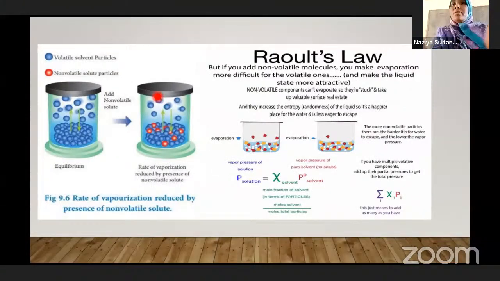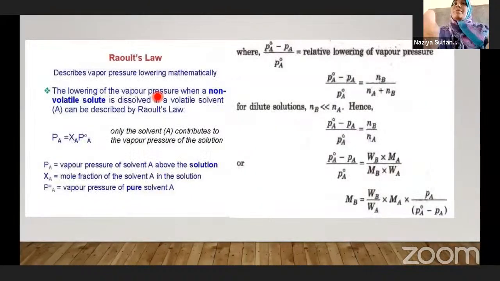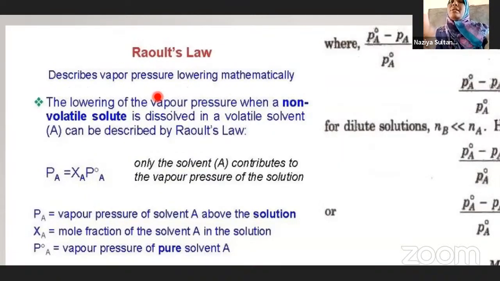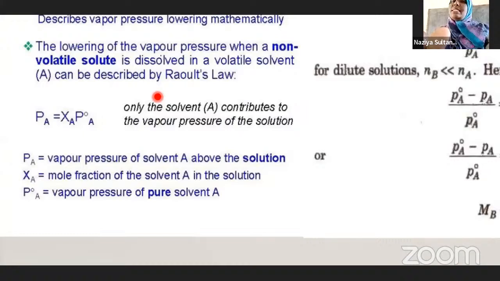Lowering of vapor pressure: when a non-volatile solute is dissolved in a volatile solvent, only because of the solvent are we going to see the vapor pressure. So let PA be the vapor pressure of the solution, P naught A the vapor pressure of the pure solvent, and XA the mole fraction of the solvent in the solution.